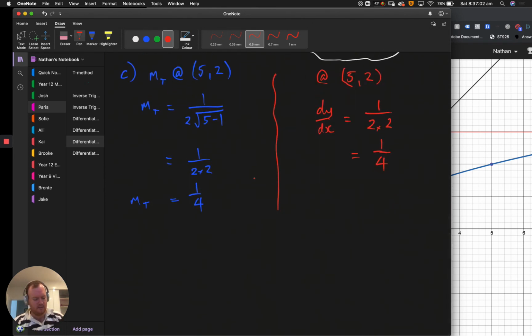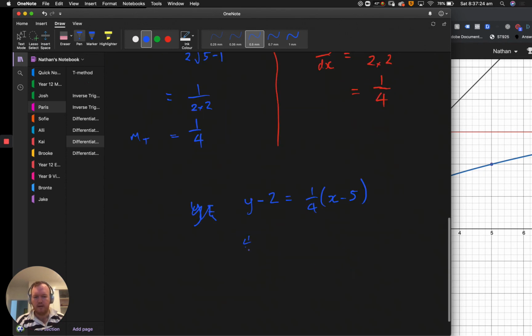If you wanted to go a step further and find the actual equation of the tangent at that point, we could go y minus y1, which is 2, equals 1/4 (x minus 5).